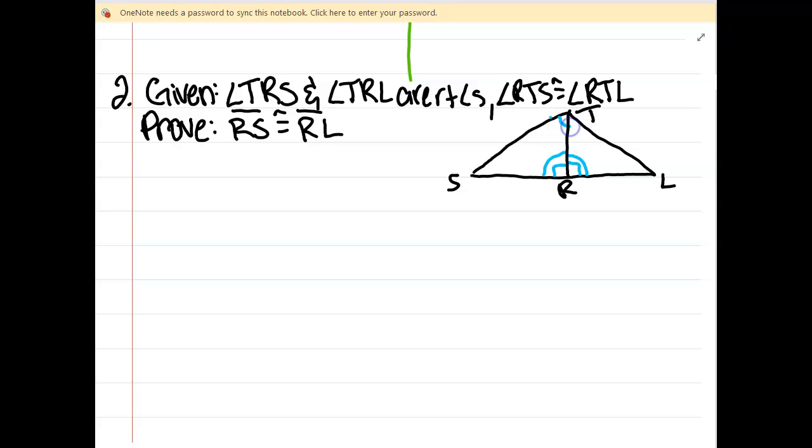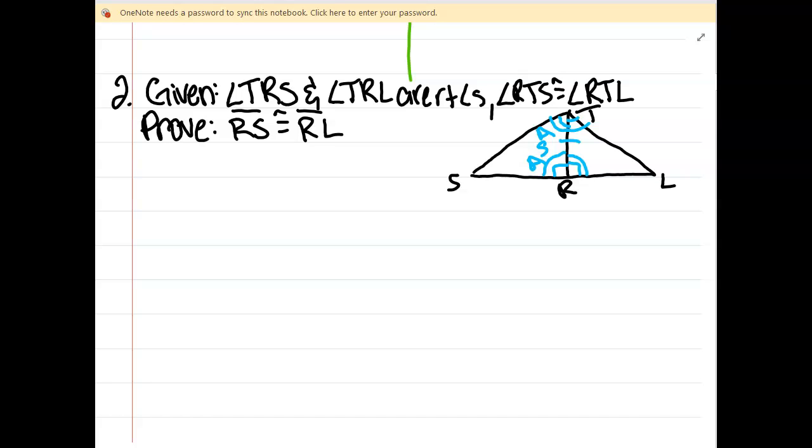Okay, those are also congruent. So I have two angles that are marked congruent. In order to say that these triangles are congruent, if I already have two angles, remember, you can't do angle, angle, angle. So I have to have a side. What side do I have? TR. Okay. So I have an angle, side, angle.